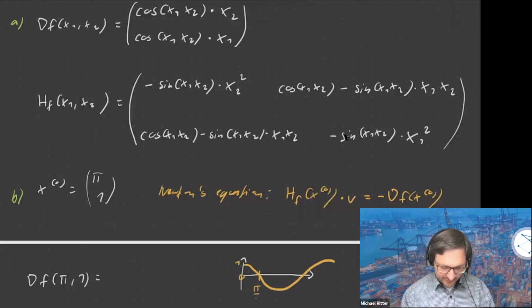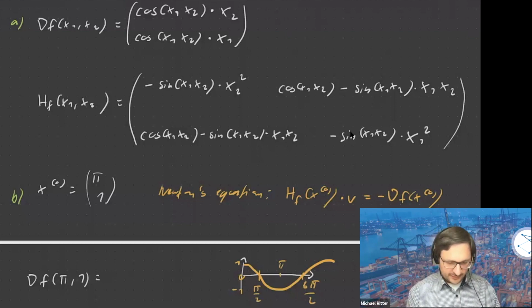Then the first 0 is at pi over 2. This here, that's -1. That is pi. That is 3 pi over 2, and so on. Okay, so the cosine at pi is -1. So this expression here is -1. And then we just multiply with x2, which is 1, and x1, which is pi. So we get -1 and minus pi.